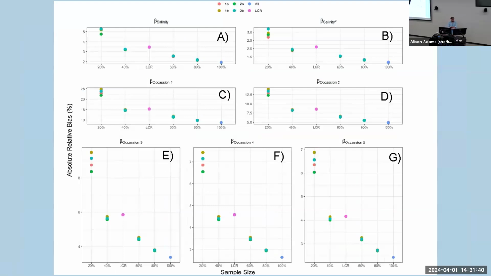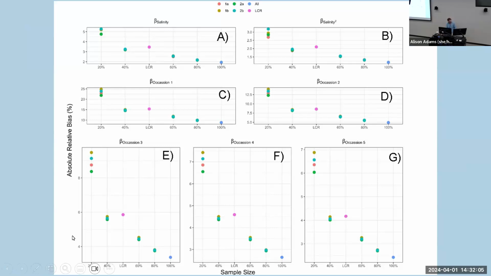Then looking at the absolute relative bias, which is the average difference between our model estimates from our simulations and the true value, divided by the true value to give us a percent difference. Basically, lower numbers are good, higher numbers are bad. And so we see that at 20% sampling effort across all of our parameters, there is separation between the different sampling protocols.